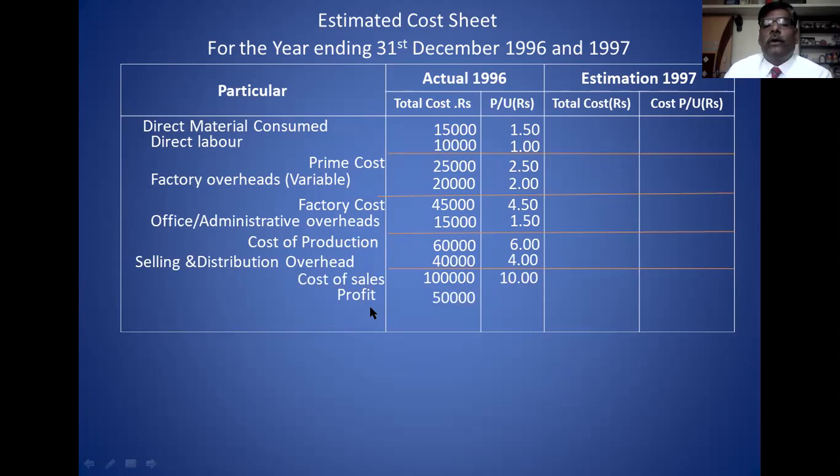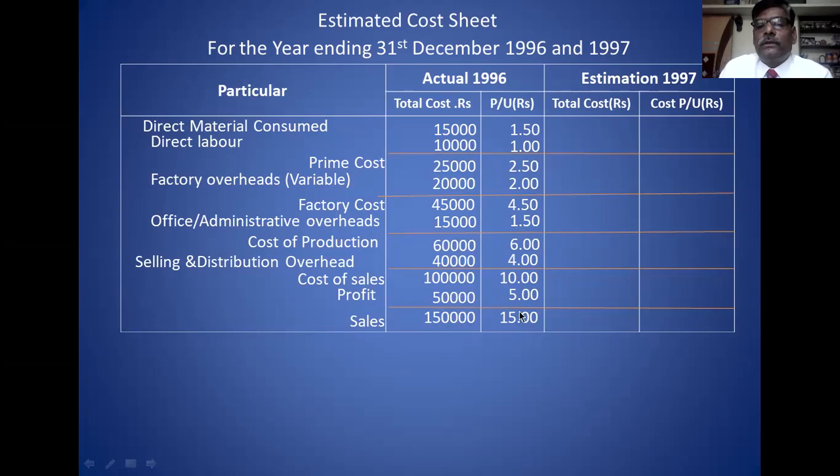Then you add the profit. First you take the sale. Sale is 15 rupees per pen. 15 into 10,000 is equal to 1,50,000 is the sale.